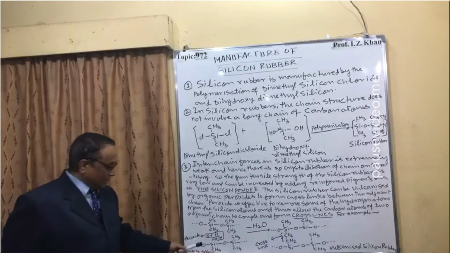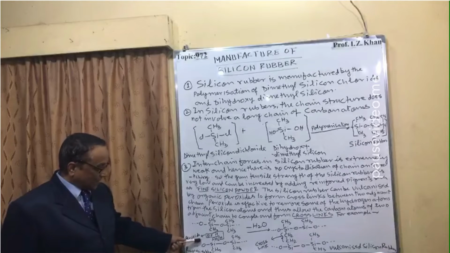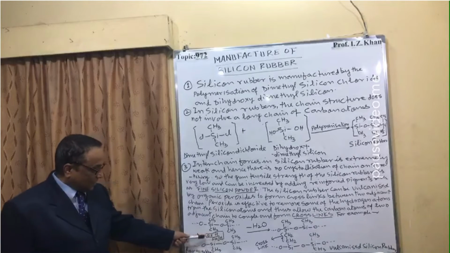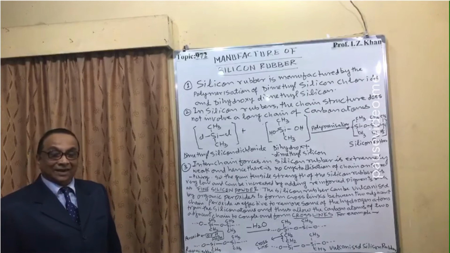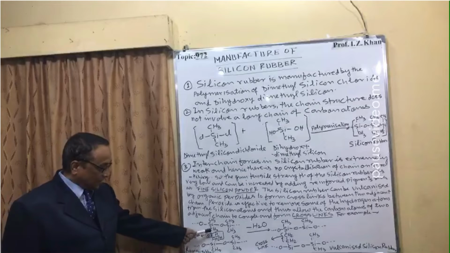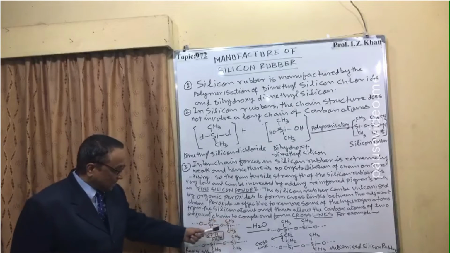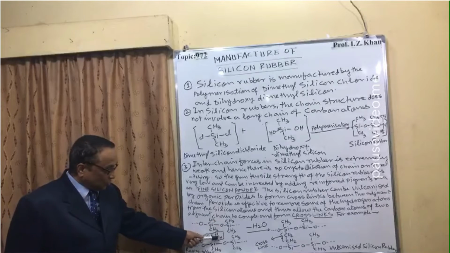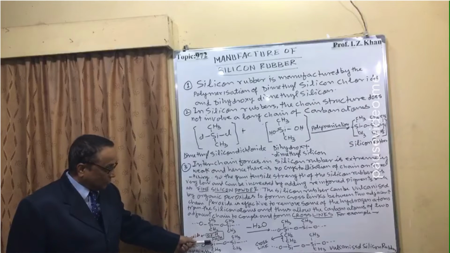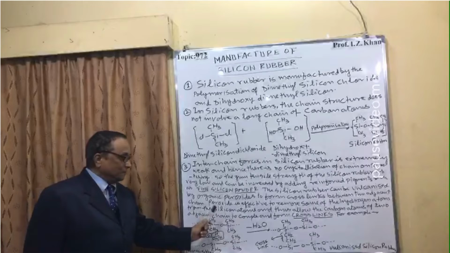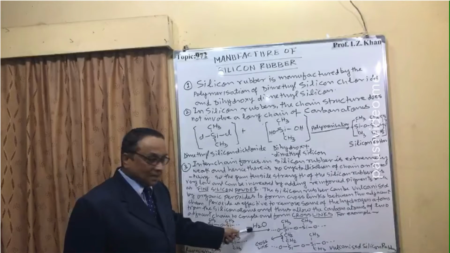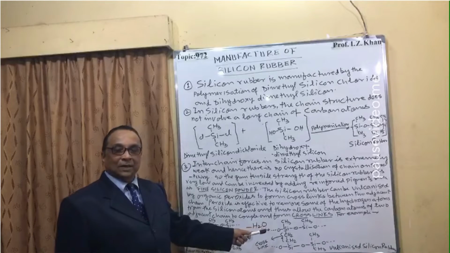So here, this is your organic peroxide. Once this organic peroxide comes in touch with two molecules of silicone raw rubber, there will be elimination of one molecule of water: two hydrogens from two methyl groups, the CH3 groups, will be taken, and oxygen will combine, there will be formation of water, and this water molecule will be eliminated.